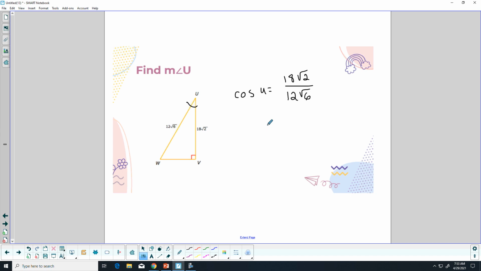I get 0.866. That seems more reasonable, but I'm looking for the angle, because that's what the cosine of the angle would be. So I have to do inverse cosine of that answer, and I get 30. Which means I could have used special triangles. I wasn't thinking hard enough on that one.